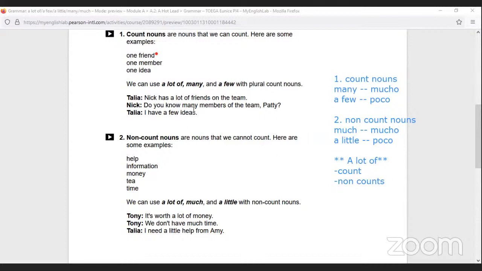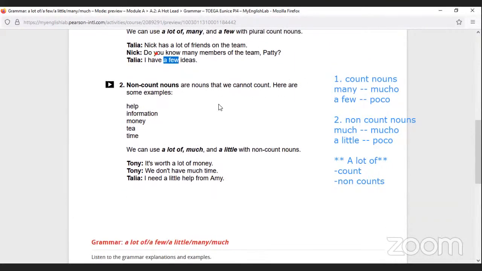So Nick has a lot of friends on the team. In this case, friend is countable. Do you know many members of the team, buddy? Many is for countable. So we're going to use it with members. I have a few ideas. A few is for countables, okay? What about non-countables?